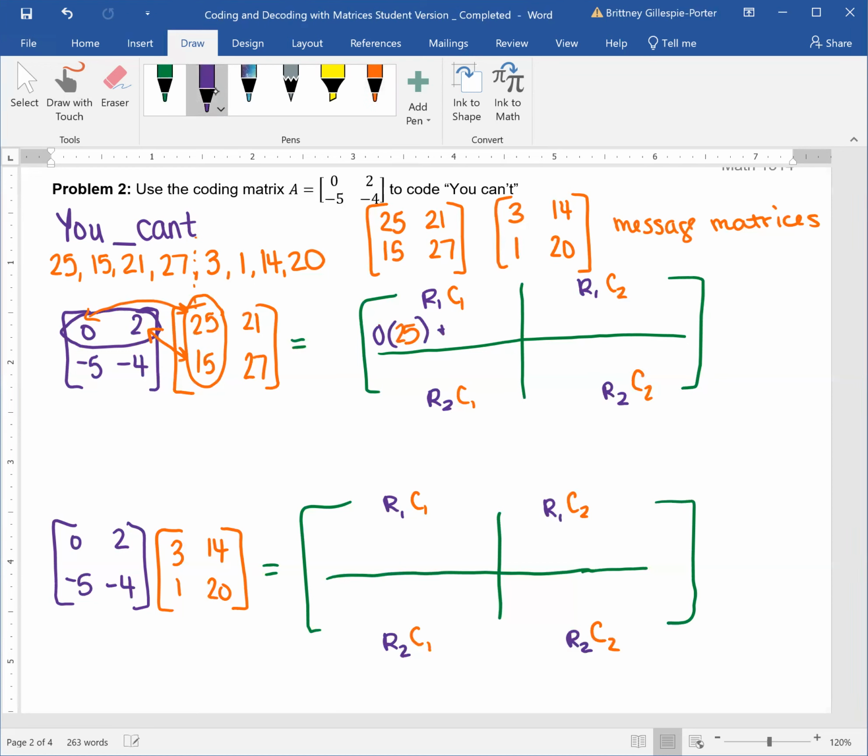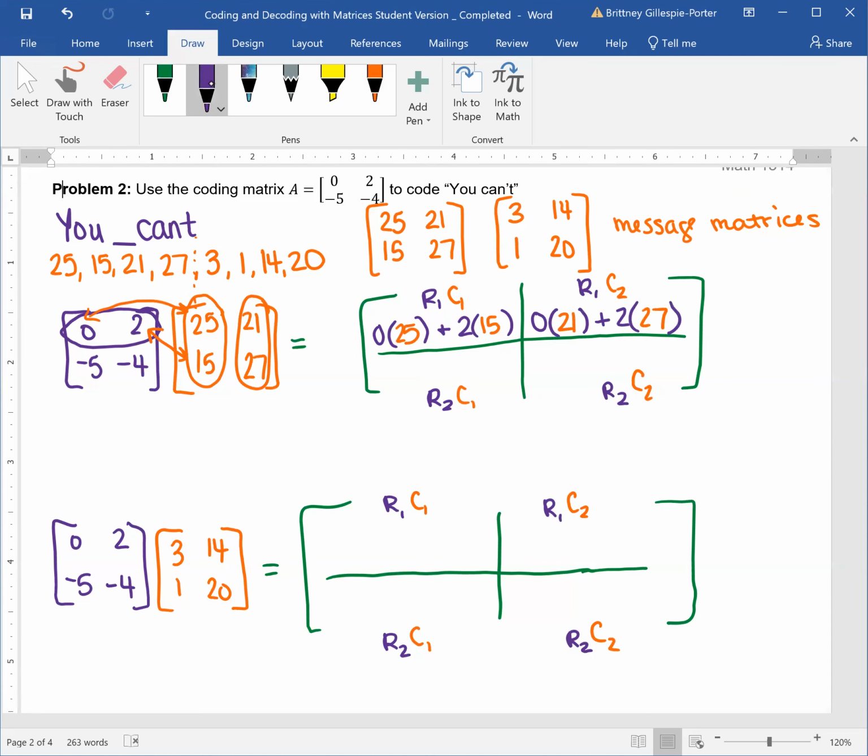And remember, there's always a plus in between. Multiplying makes us bigger. Now that we've taken row 1 times column 1, we can do row 1 times column 2. So we're going to take 0 times 21 plus 2 times 27.